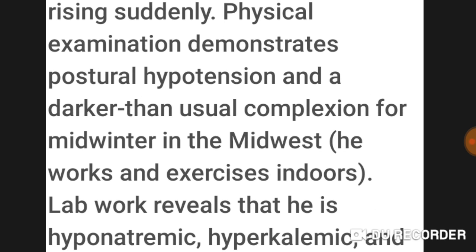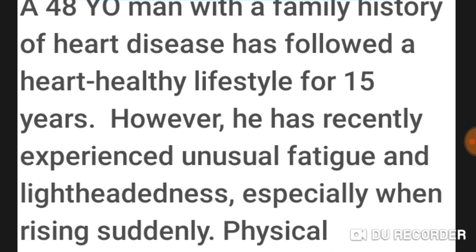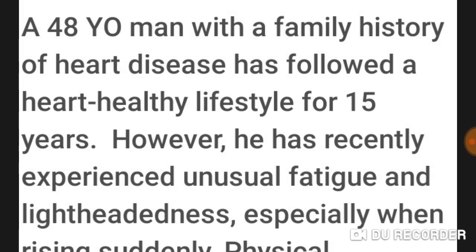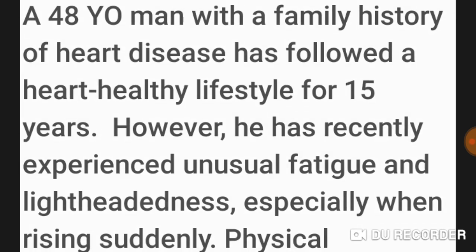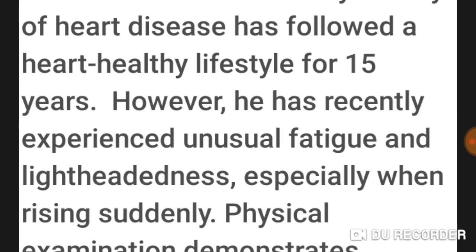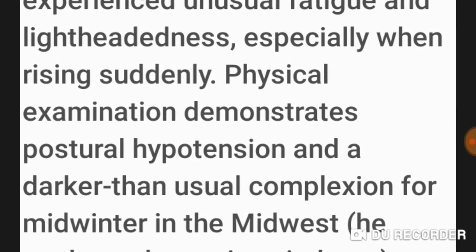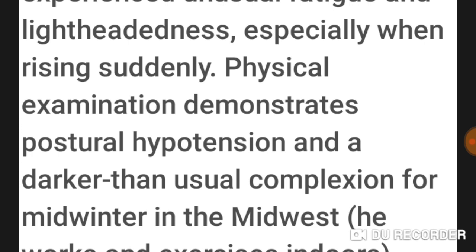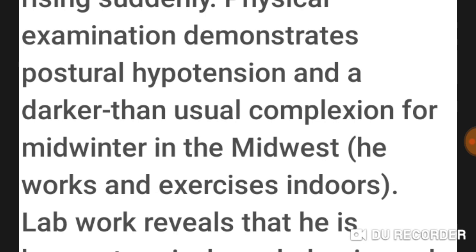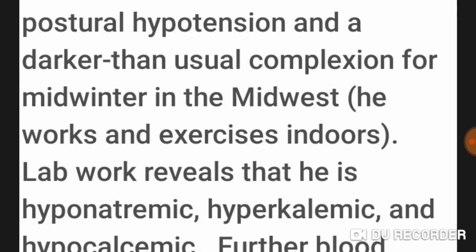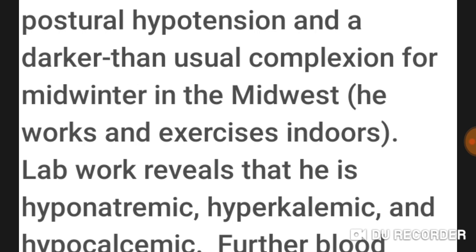Okay, another MCQ. A 48-year-old man with a family history of heart disease has followed a heart healthy lifestyle for 15 years. However, he has recently experienced unusual fatigue and lightheadedness, especially when rising suddenly. Physical examination demonstrates postural hypotension and darker than usual complexion for midwinter in the Midwest.